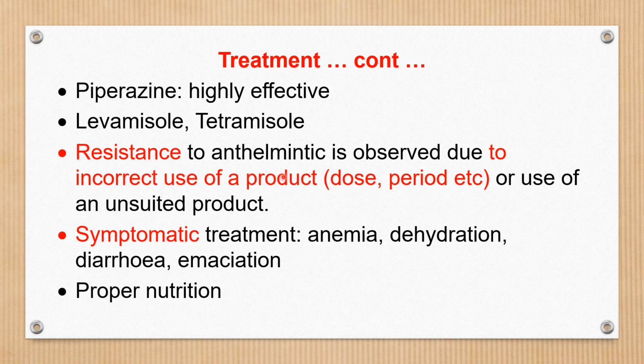Resistance to anthelmintics is frequently observed. That is due to incorrect use of the drug, either a subnormal dose, not given for the proper period, or the animal has not been treated.